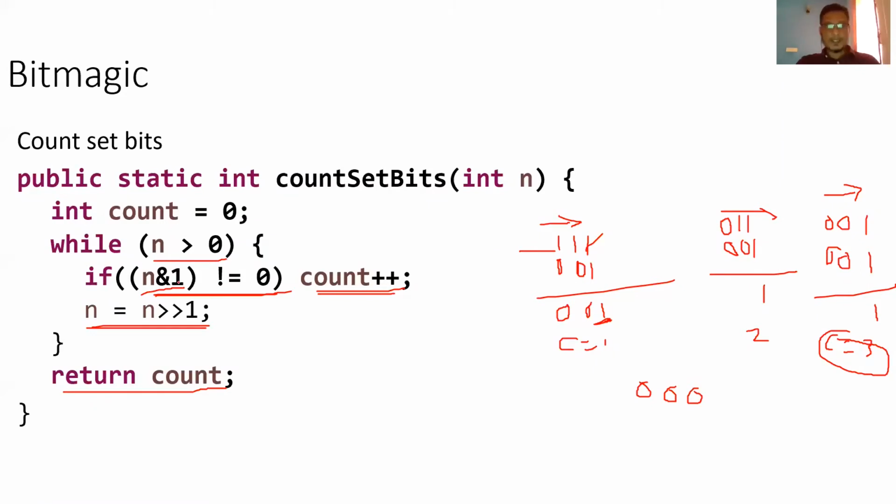But when it comes to negative numbers, things become a bit complicated, because the sign bit toggles when you do negation. With left shift, you can maintain the sign, and whenever you do a right shift, you also try to maintain that last bit, which is the sign bit.